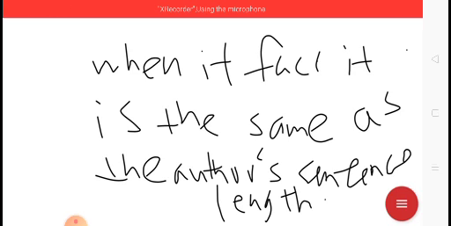So as simple as that, you say the length is not the same, but actually it's the same. Okay, so this is the type 1 error.